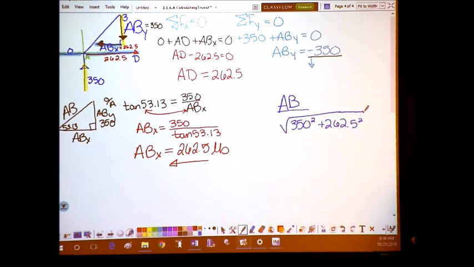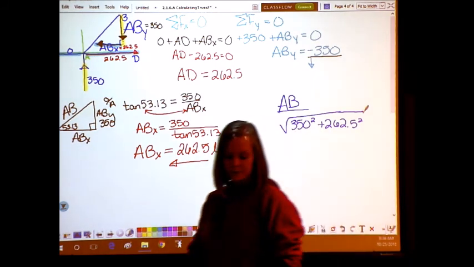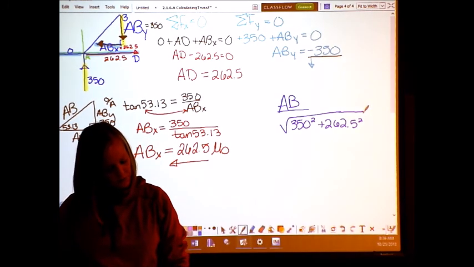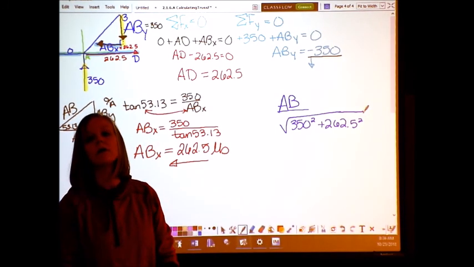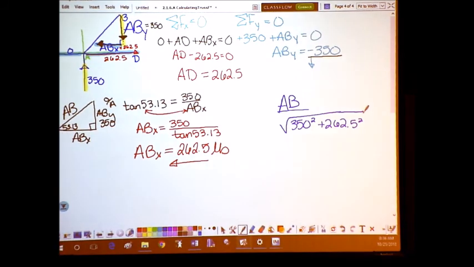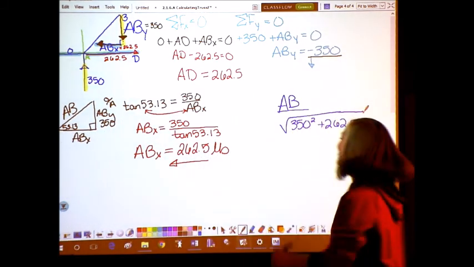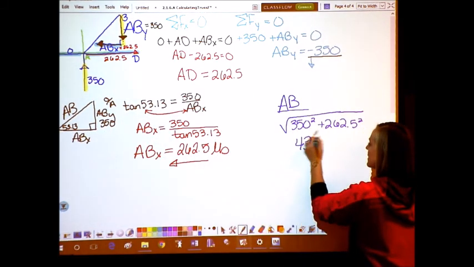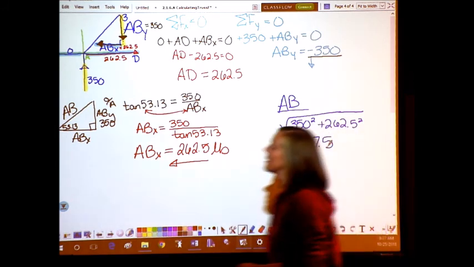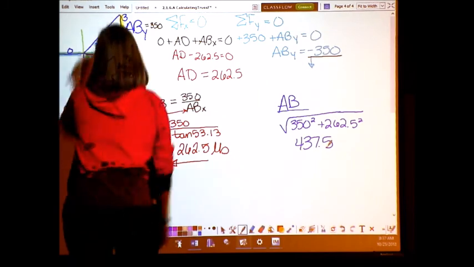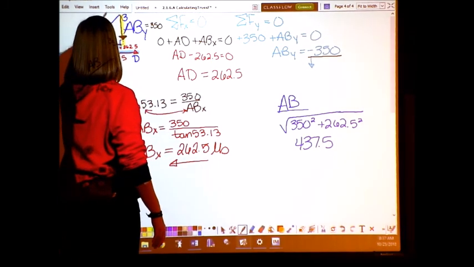Put that in, and now we'll have AB. 437.5.